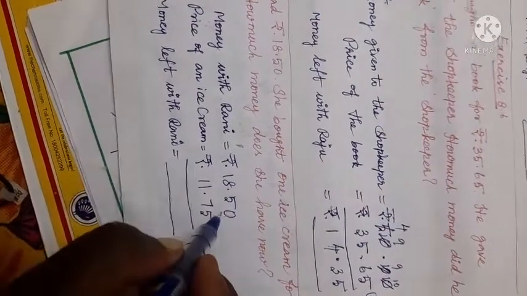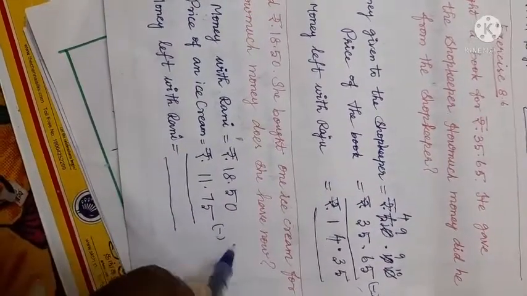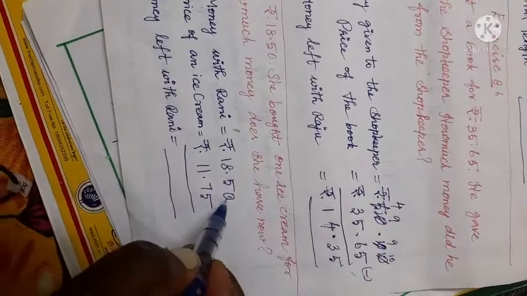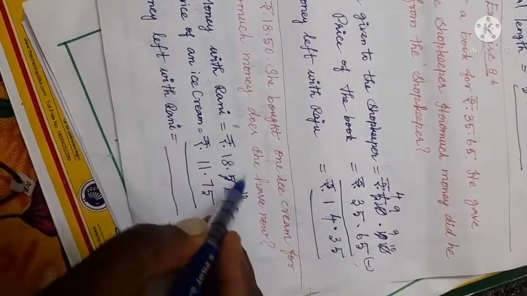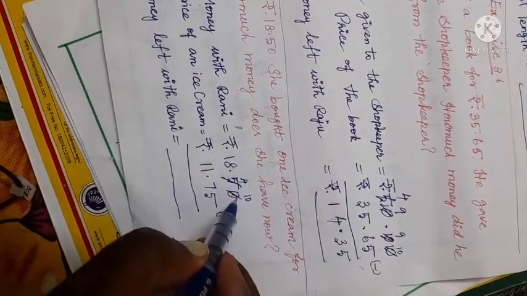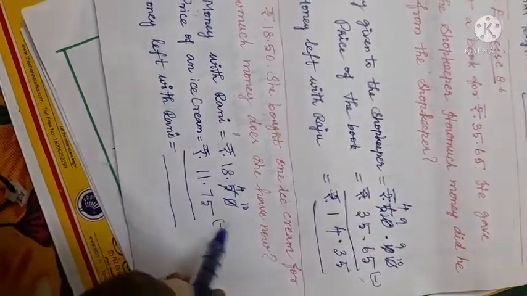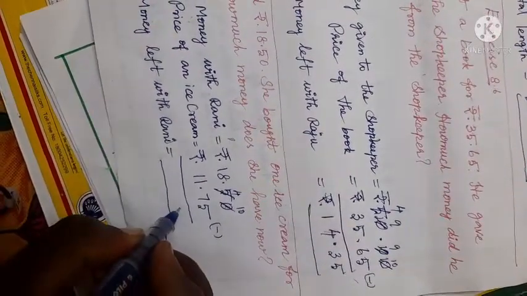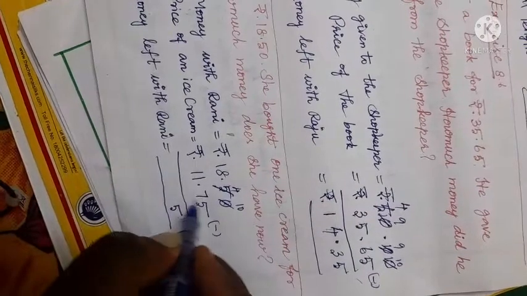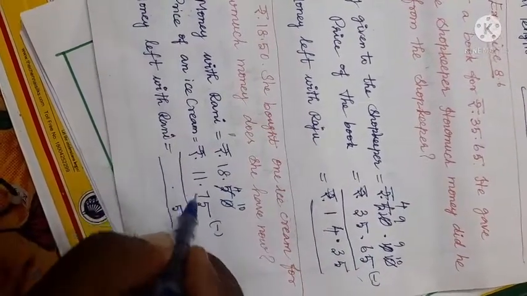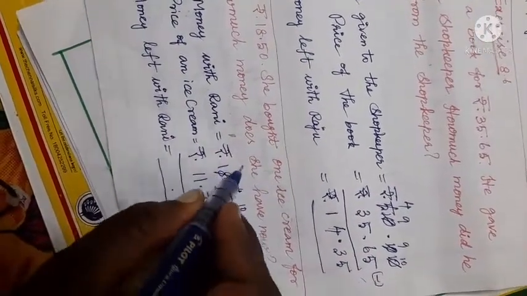So she will have the remaining amount. Do the subtraction. 0 minus 5 not possible. One number you are borrowing from the next, so it will become 10. This becomes 4. So 10 minus 5, 5. 4 minus 7 not possible, so you should borrow from 8. It will become 7.